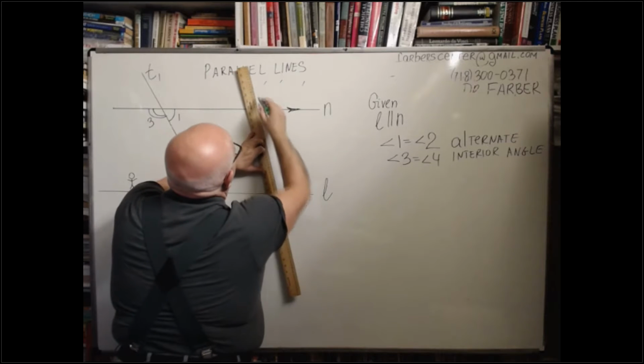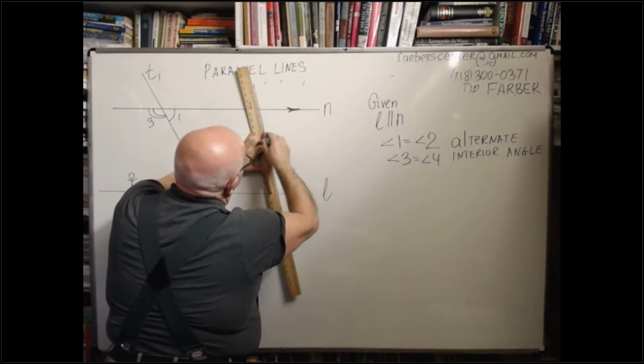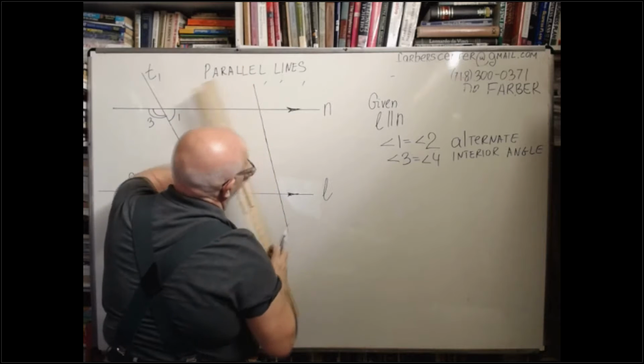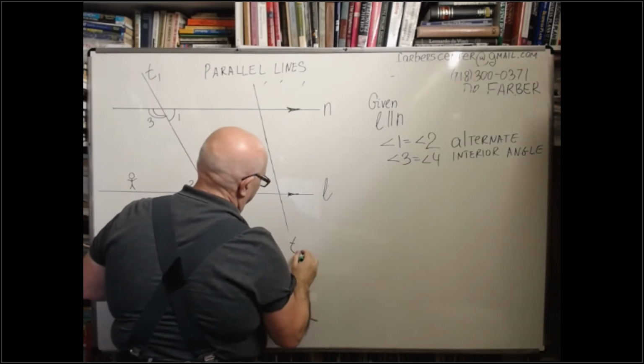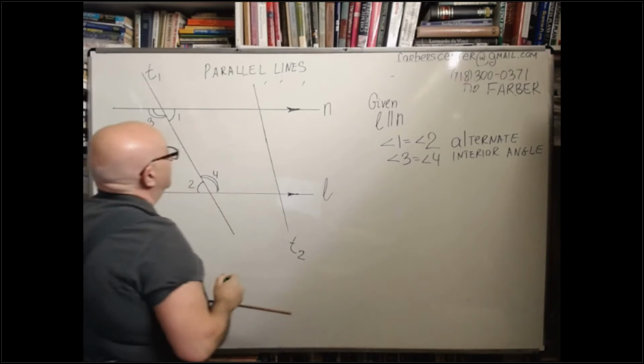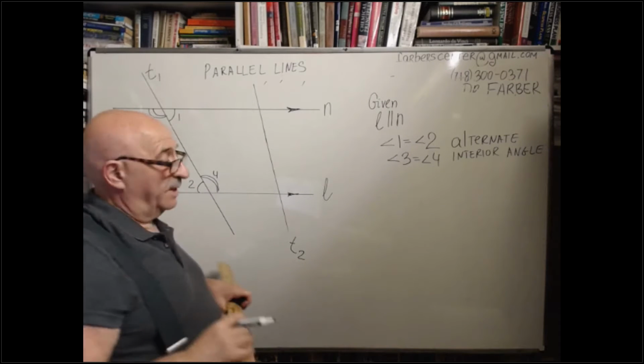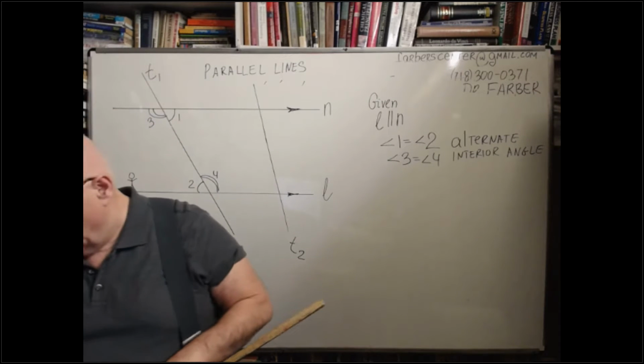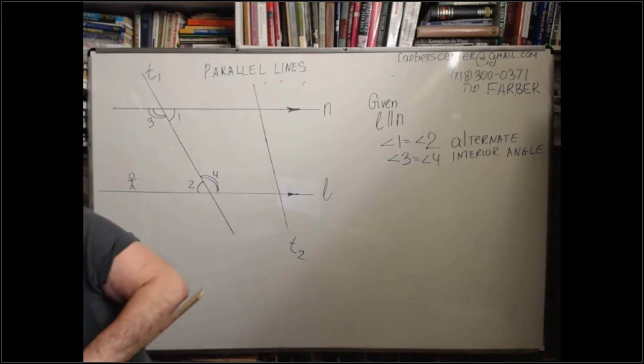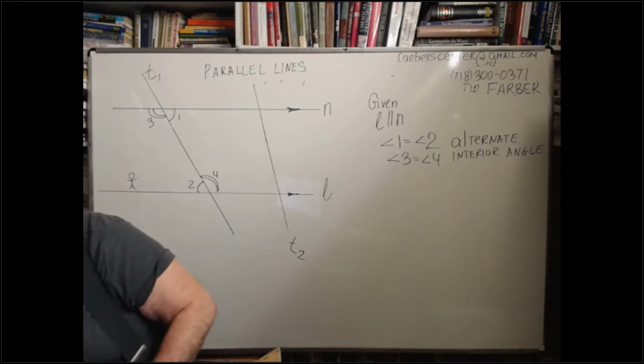It doesn't matter how it goes. Just cross these two. Another transversal, T2. Let's find another relationship between these two angles. I put this aside. Okay. So far, so good.